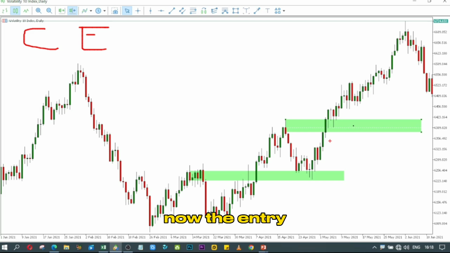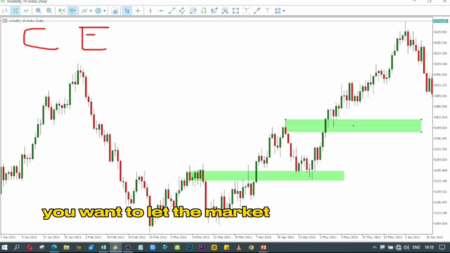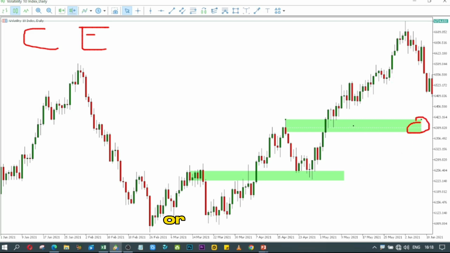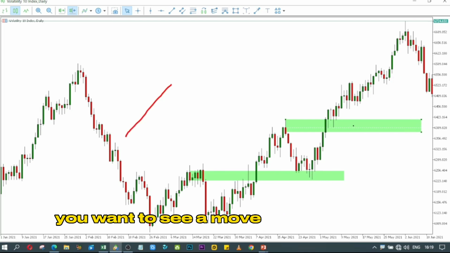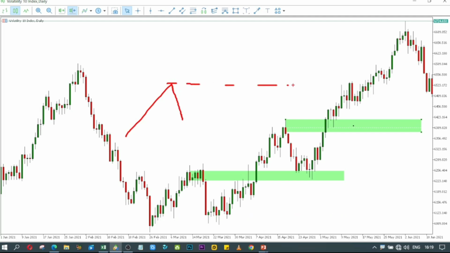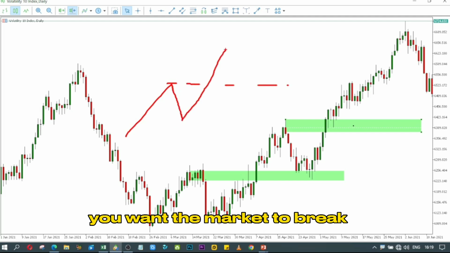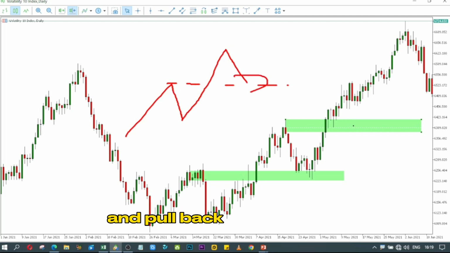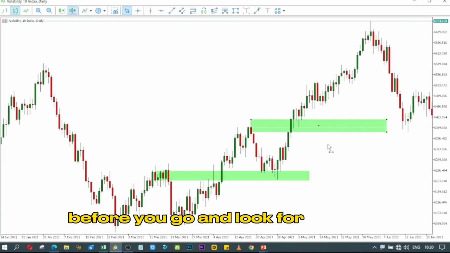So now the entry: you want to let the market move back into this zone, or in this case into this zone. So we want to see a move and a pullback, and then you mark this zone. You want the market to break it and pull back into this zone before you go and look for an entry.